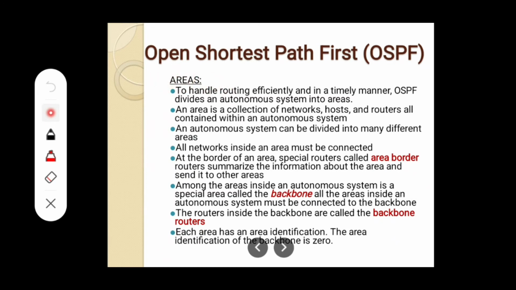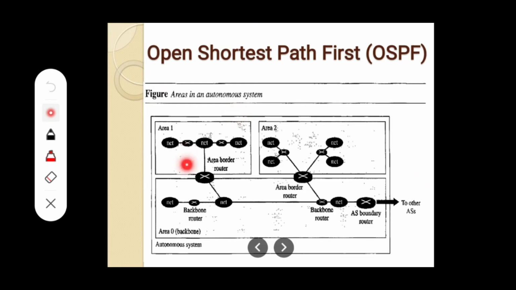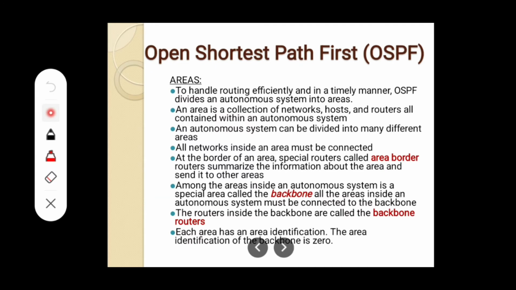The same thing we have just explained is mentioned here as well. To handle routing efficiently and in a timely manner, OSPF divides an autonomous system into areas. An area is a collection of networks, hosts and routers, all contained within an autonomous system.